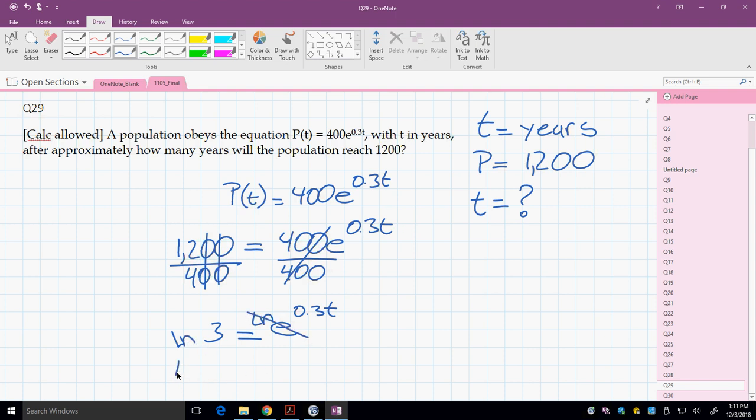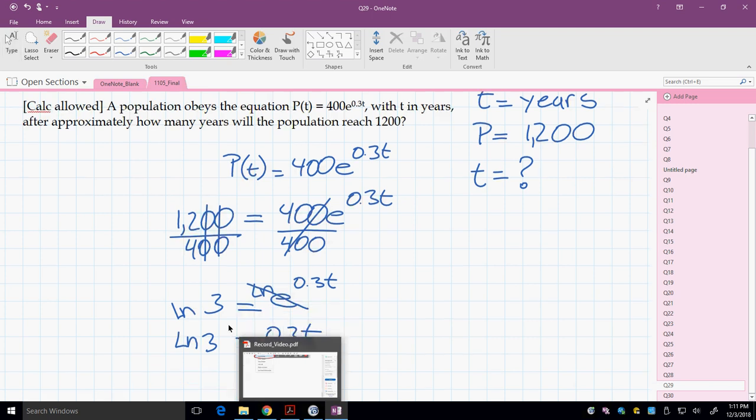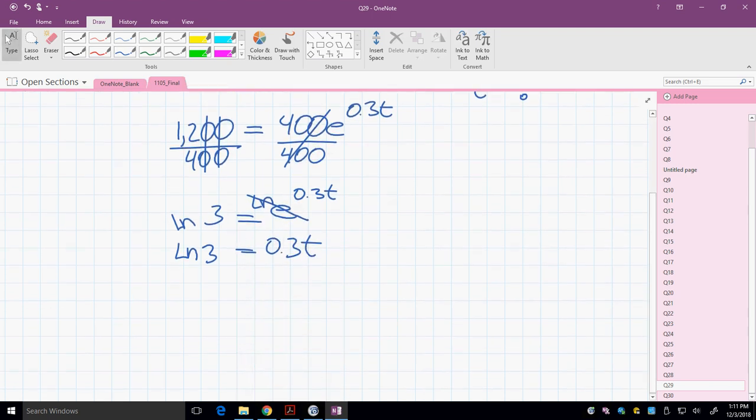They cancel each other out. Now I have natural log of 3 equals 0.3t. Now I need to divide by 0.3 both sides of the equal sign. Now I have that t is equal to natural log of 3 over 0.3.